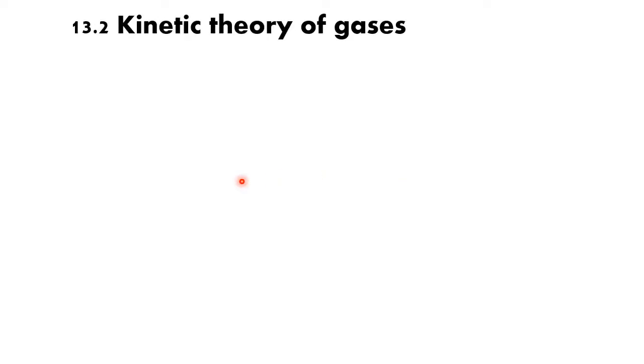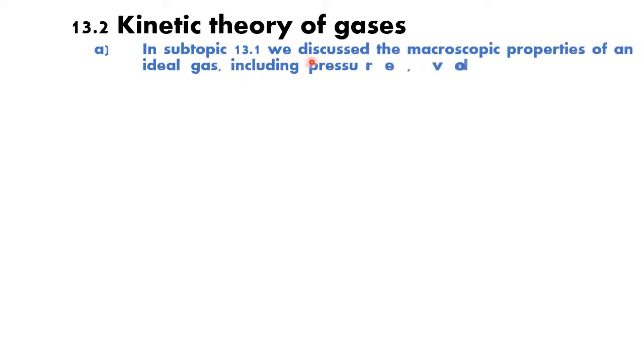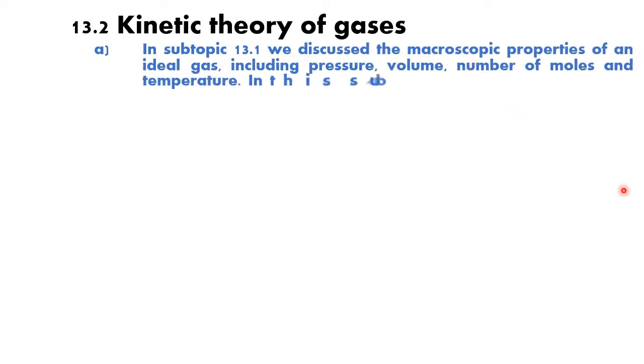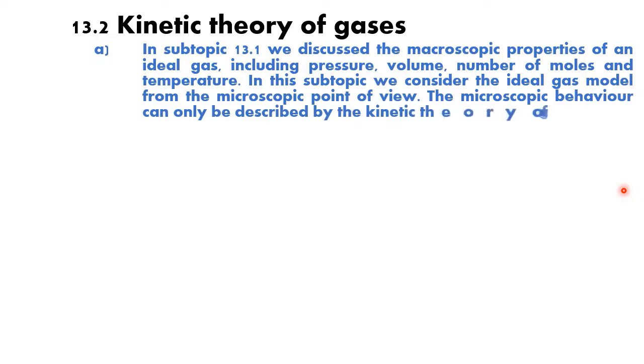Okay, so kita nak proceed kepada 13.2 kinetic theory of gases. So in subtopic 13.1 we discuss the microscopic properties of an ideal gas including pressure, volume, number of moles and temperature.